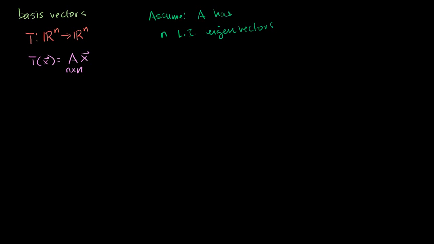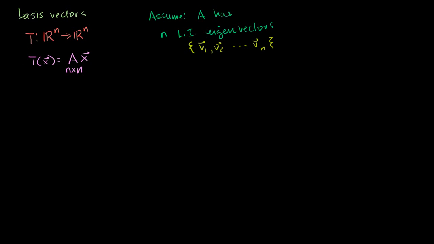I'm going to call them v1, v2, all the way through vn. Now, n linearly independent vectors in Rn can definitely be a basis for Rn. We've seen that multiple times. And what I want to show you in this video is that this makes a particularly good basis for this transformation. So let's explore that.